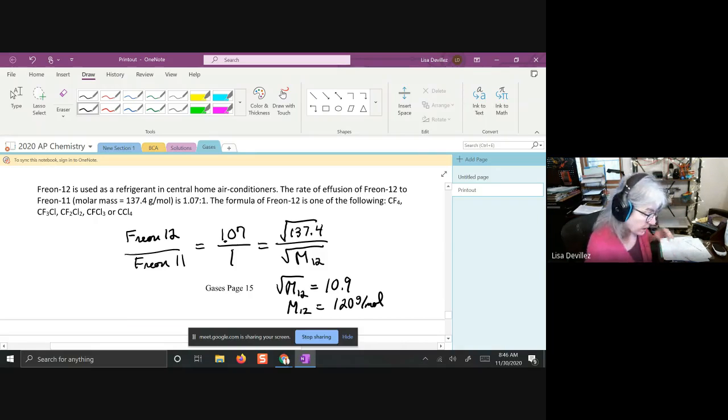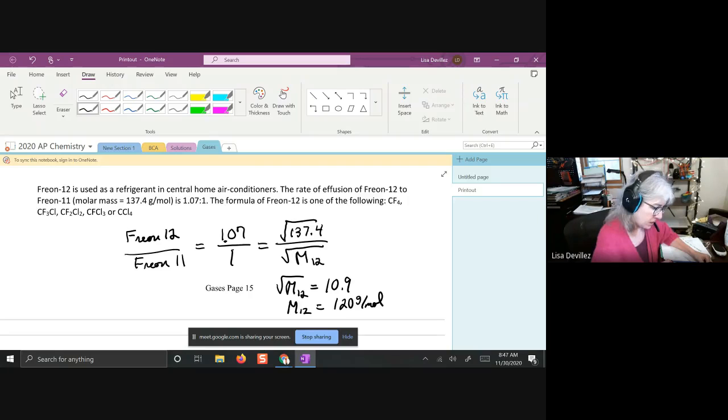And it wants to know which of these it is. And so I would just match it up with one of those. So let's see. Cl3, I'm going to just look at the chlorines. That's going to be 70. So I have 3 of those.